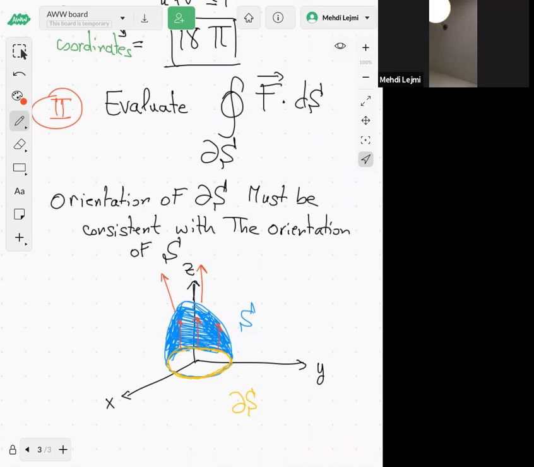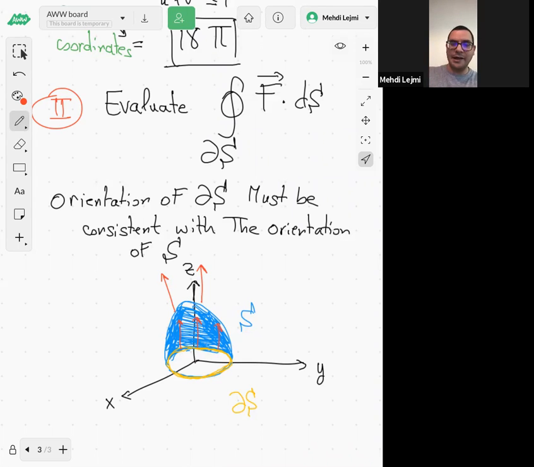Remember, we need to use this right hand rule, right? So the fingers need to curl in the direction of the orientation, right? So remember, guys, I don't know if you see my hand, right? So use your right hand. Okay, so the thumb points along, I don't know if you see my thumb here, I hope so, your orientation of the surface, right? So it's upward pointing, right?